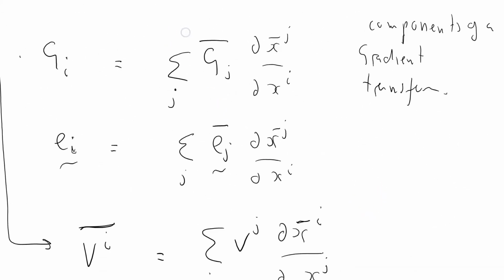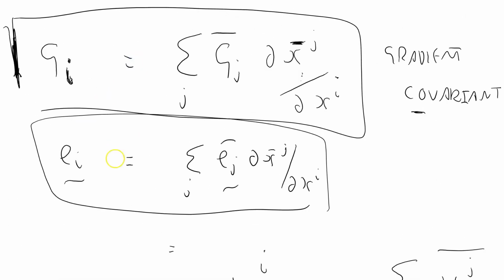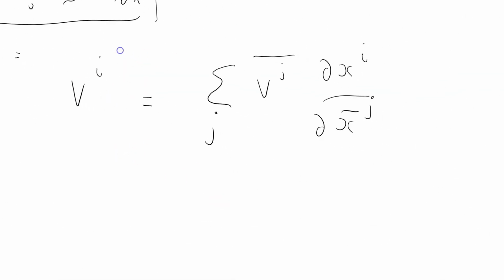There it is. Now what Einstein noticed, the legend says it was Einstein's wife who noticed when she was typing up the manuscript, I don't know if that's true or not, is that a repeated index, in this case j, is summed. There's a j and a j there. If you repeat that index, write it twice, then it's summed over j.